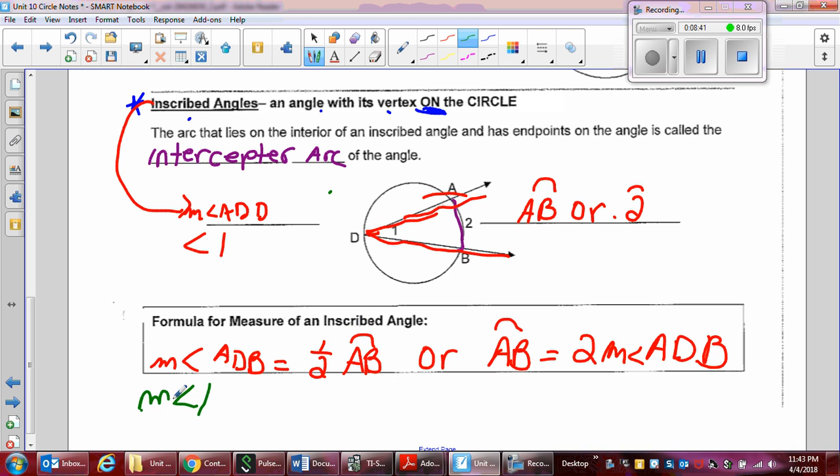So the measure of angle 1 equals, this is a measure, guys, 1/2 of the arc 2, or arc 2 is going to be 1/2 of angle 1. This is more to make it really easy to read, but that's what the relationship is.